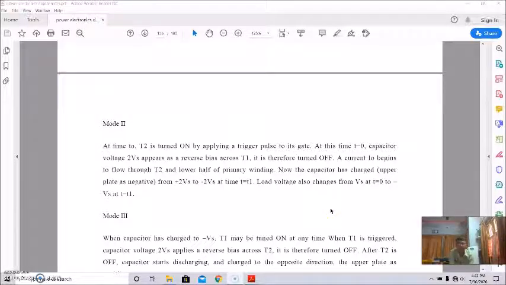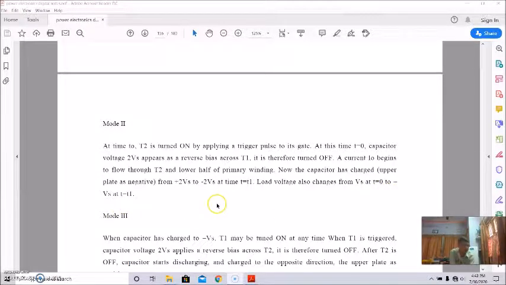And the capacitor is charged, upper plate negative, from plus 2 Vs to minus 2 Vs at time t equal to T1. And load voltage also changes from Vs at t equal to 0 to minus Vs at t equal to T1.